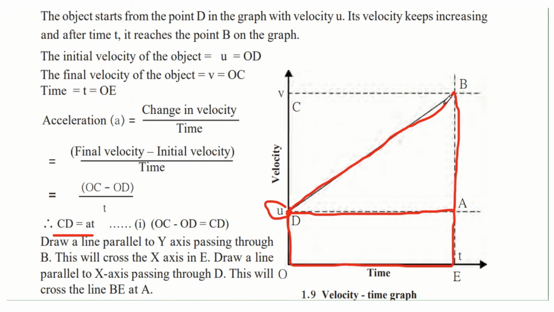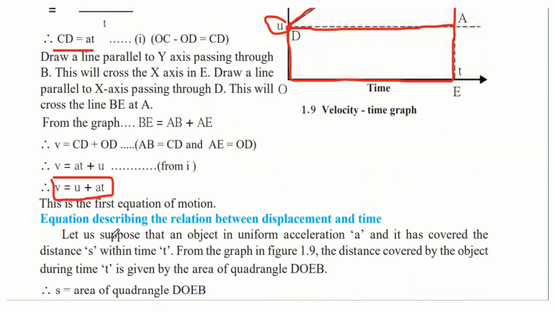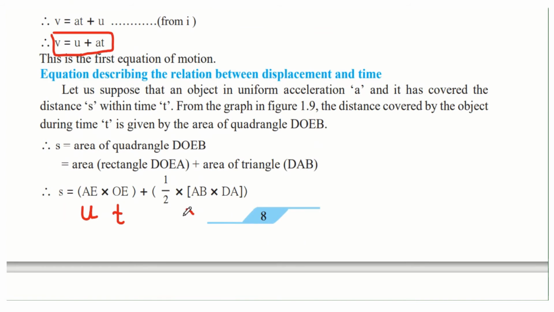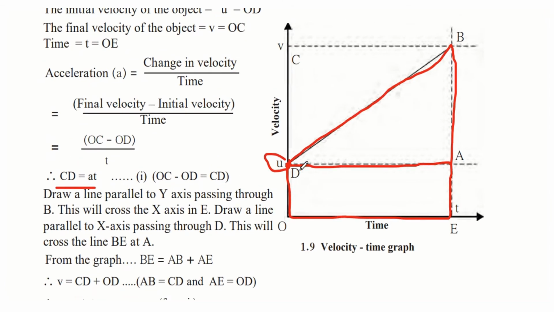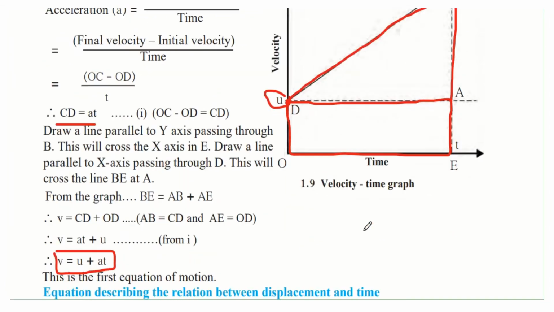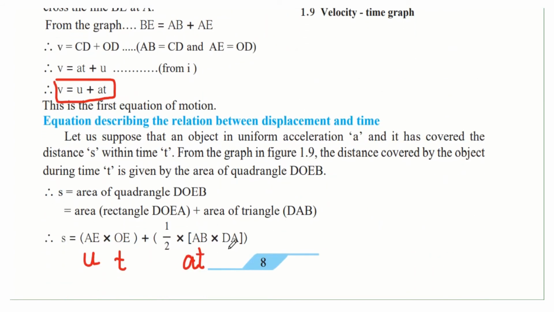Now AB would be equal to CD, and from the derivation we did earlier, we got CD is equal to at. So we substitute AB as at. And DA would be equal to OE, which is time t, so we substitute DA as t.